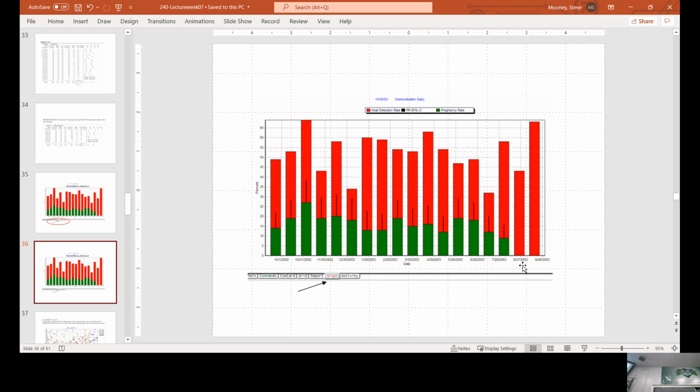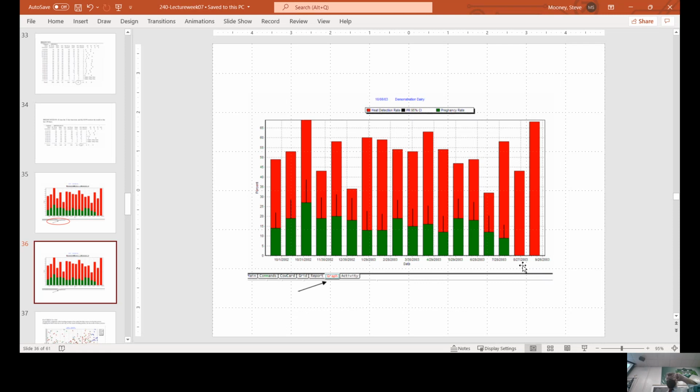To get at least 20, what do I need? 65. To get at least 20, we need at least 50. If we want to get up in the mid 20s, we need a 60%. 60 times 40 is going to give us 24. If we want to get in the high 20s, we need to be up around 70.